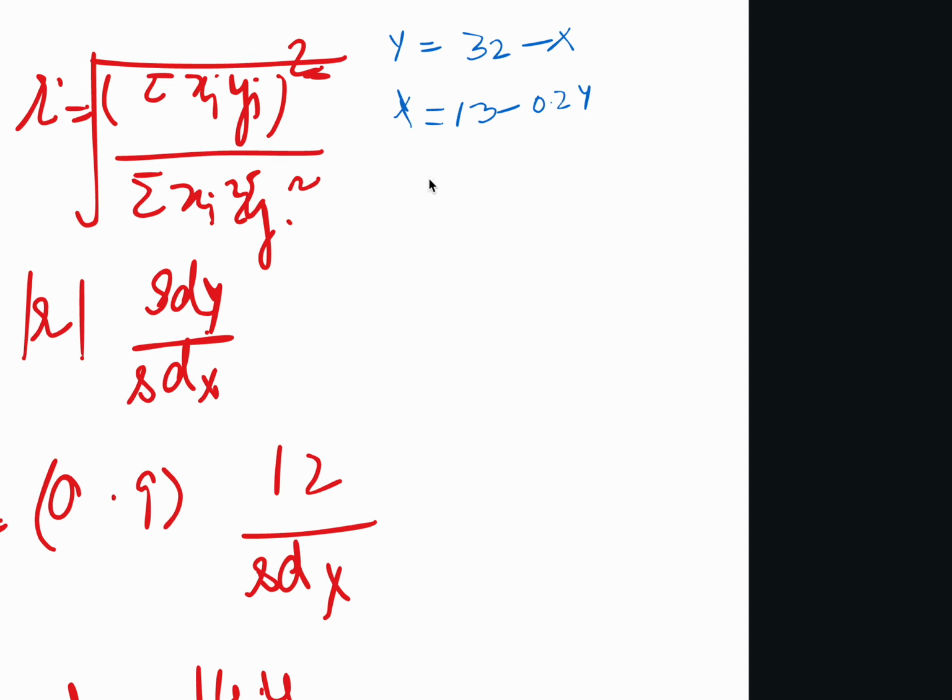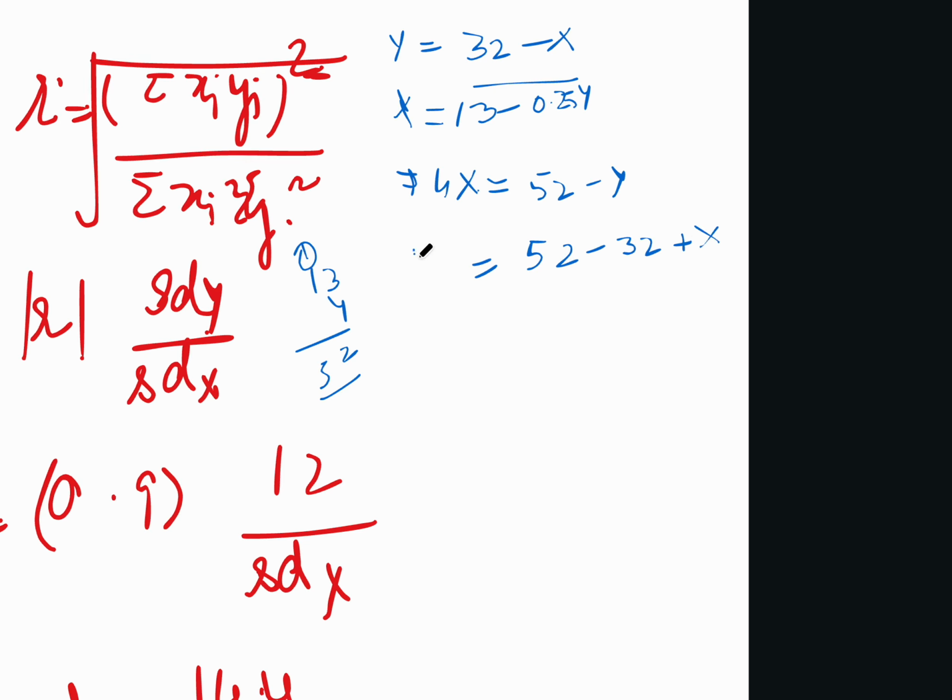Yeah, x is equal to, what I am going to do is multiply this one with 4. So it becomes 4x. 13 fours would be 52 minus y. No, we know this. This has become a khichdi of its own.